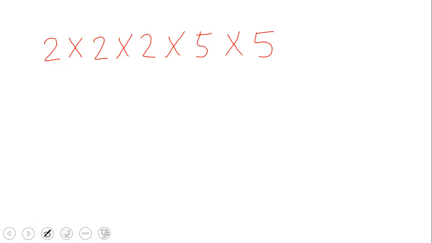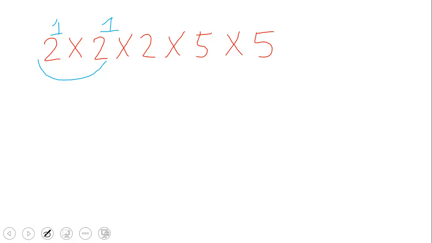Okay, so let us start first with this 2 and this 2. Notice that the power on this 2 is 1, and the power on this 2 is 1. So thus we would have what?